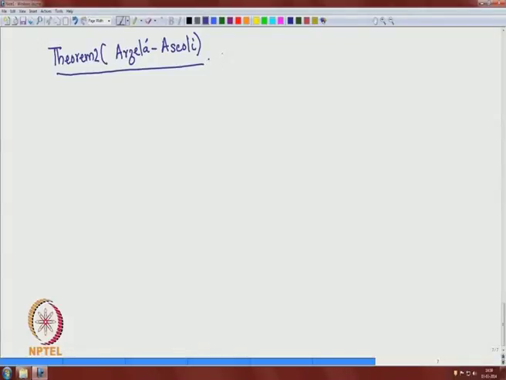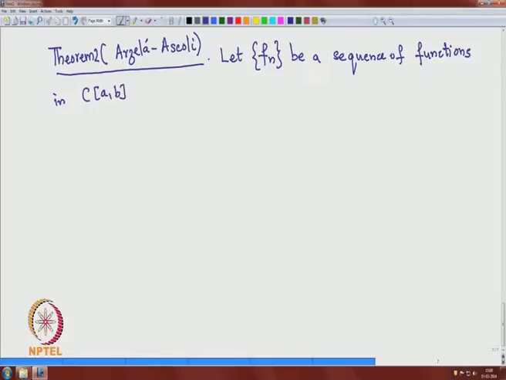It states that let Fn be a sequence of functions in the set of all continuous functions defined on the interval AB. So, let Fn be a sequence of functions in the space C[a,b]. C[a,b] is the space of all continuous functions defined on AB.